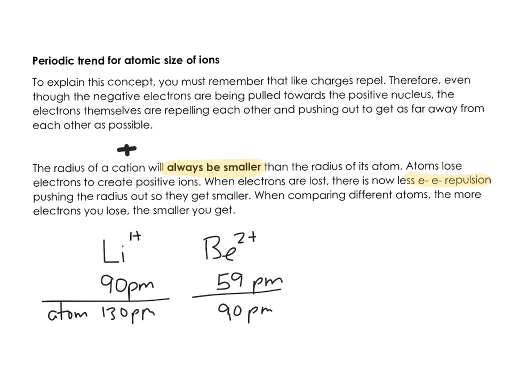So it did get smaller, but you can see that losing 2 electrons makes you smaller than an atom or an ion that only lost 1 electron. So the more electrons you lose, the smaller you get. So you'll see a trend going across the periodic table. Across a row, the next positive ion will get smaller, going left to right.